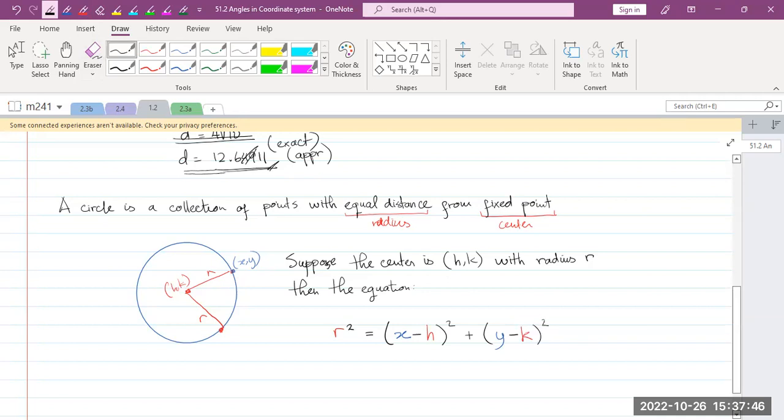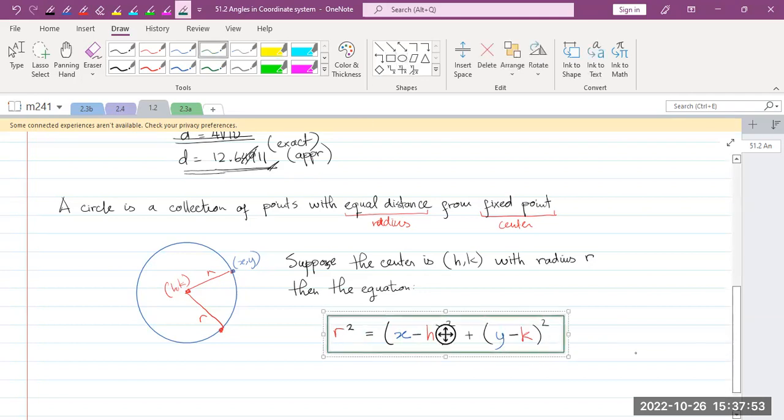All of a sudden, we have the equation of a circle. This is the equation of a circle.